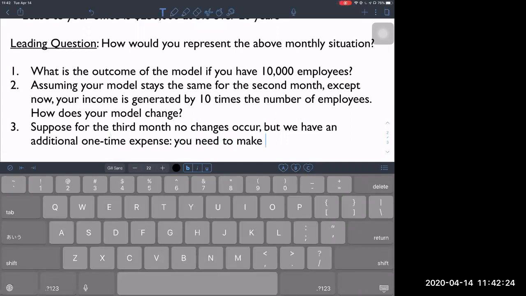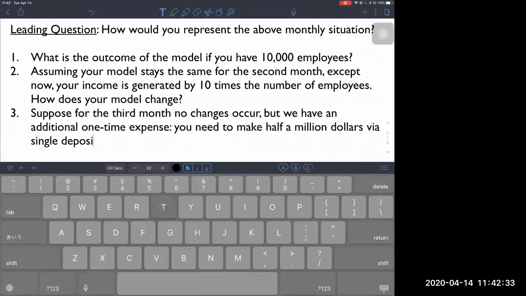Need to make $500,000 be a single deposit at 7% compounded quarterly over 40 years.